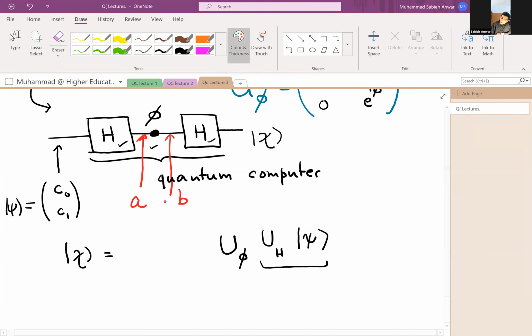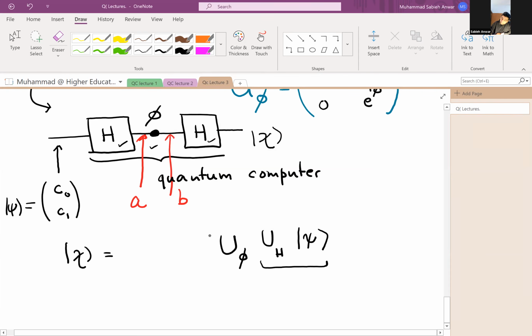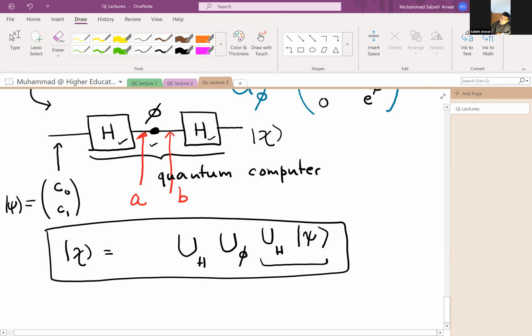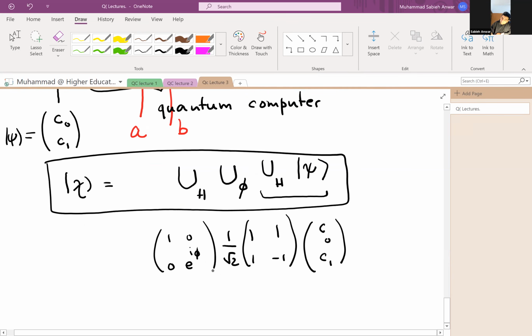And then you append the transformation with another Hadamard gate. So this is going to be your final output. And you could take C0, C1 in place of psi. For the Hadamard gate, you could write this. For the phase gate, you could write this. For this Hadamard gate, you could write this.